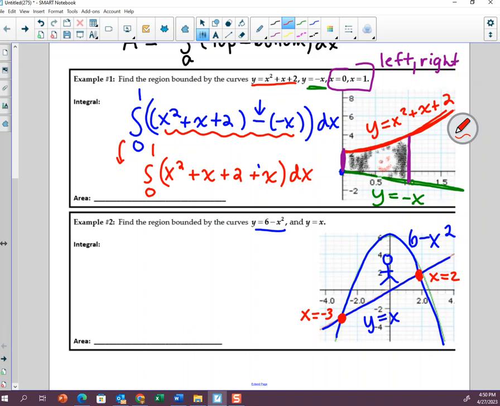And so the integral, to get my area, is going to be the integral from -3 to 2 of 6 minus x squared minus x dx.